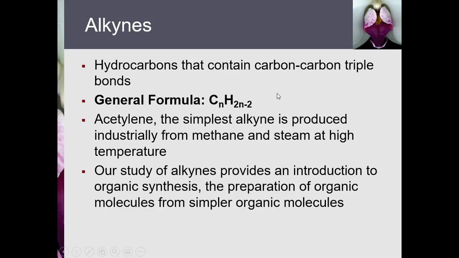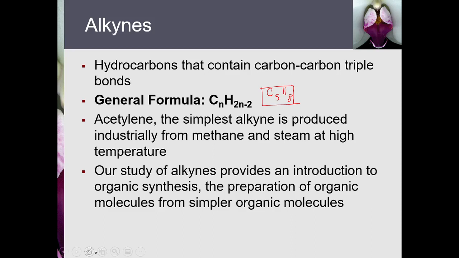For example, if you have 5 carbons and a single triple bond, you input the value n equals 5. So 2 times 5 is 10, minus 2 is 8. So the molecular formula for an alkyne with 5 carbons will be C5H8.